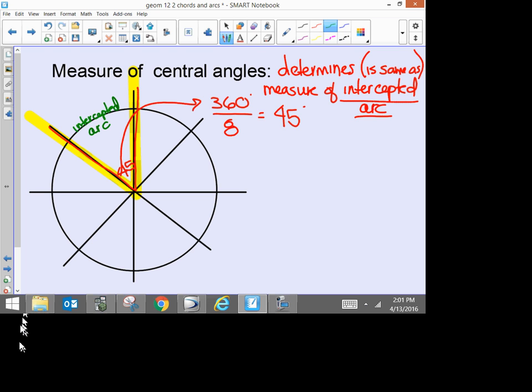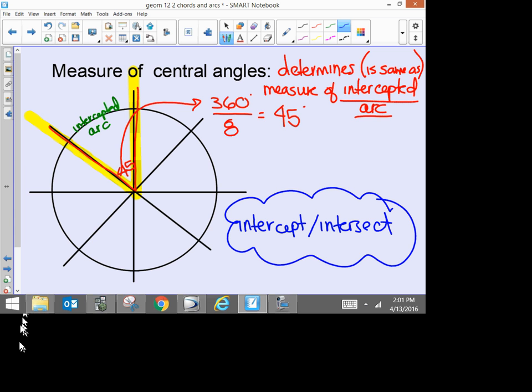The arc in between your angle. You're going to have all kinds of intercepted arcs, not just with central angles. So you need to understand what arc it intercepts. Could also be interpreted that same way. Okay, intercepted and intersect, in this case, are interchangeable.